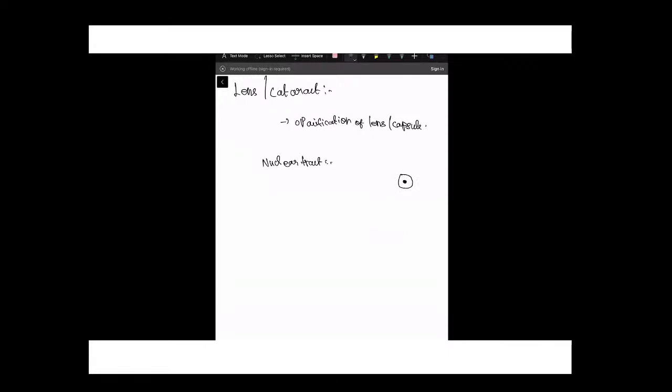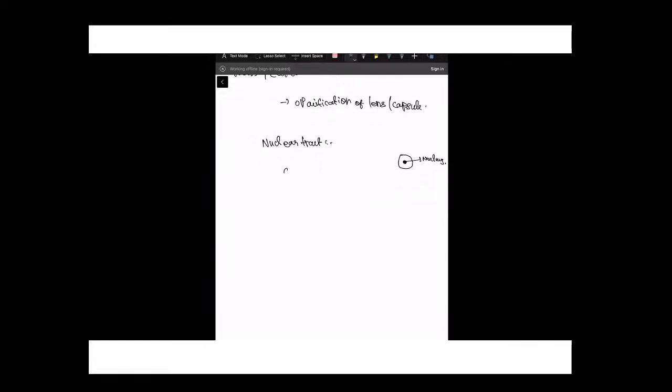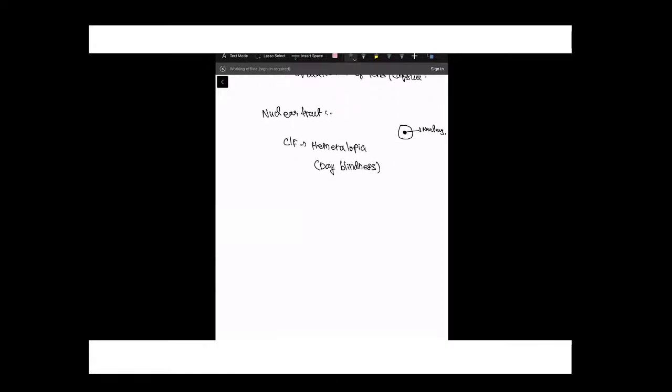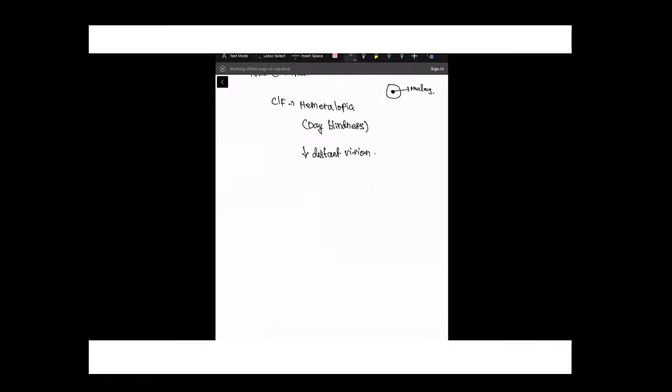If there is any opacity at the nucleus of the lens, it is nuclear cataract, and the clinical feature is going to be emeralopia, that is day blindness, there is going to be a decreased distant vision.